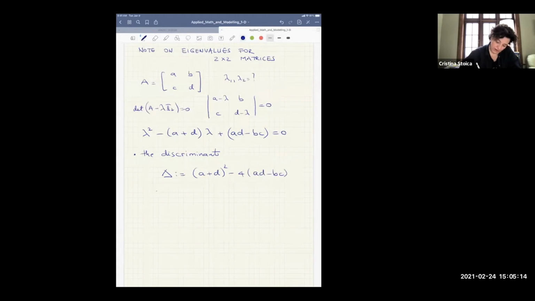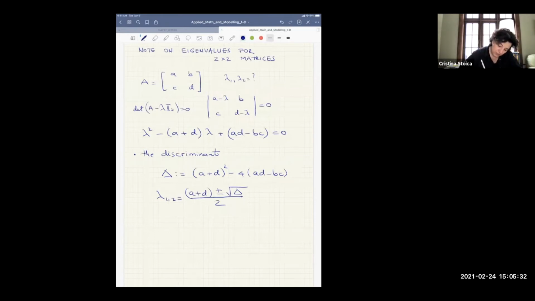So basically when we write the roots, everybody kind of knows this, over 2, right? That's what we do. Now the discriminant being positive or negative gives us real roots or non-real roots.